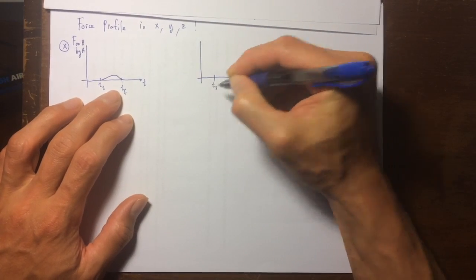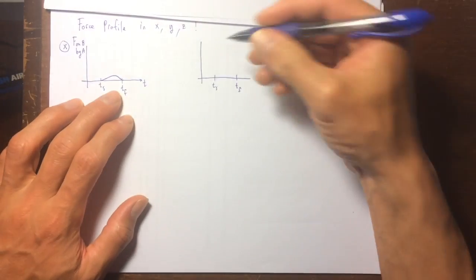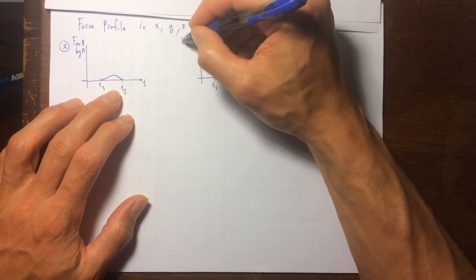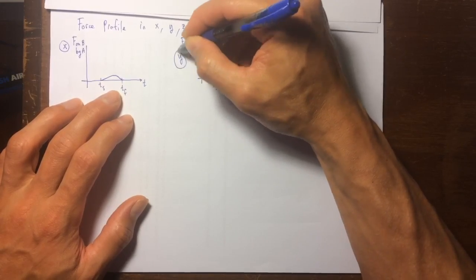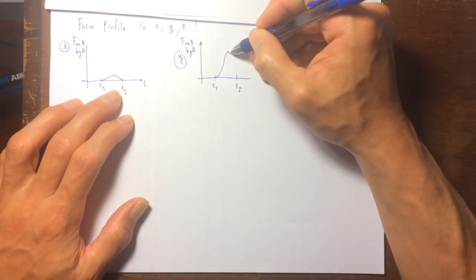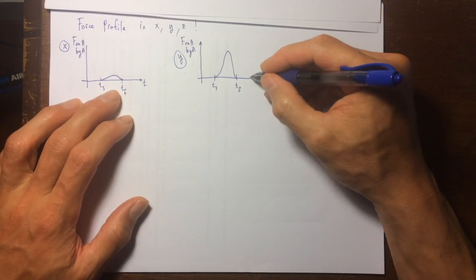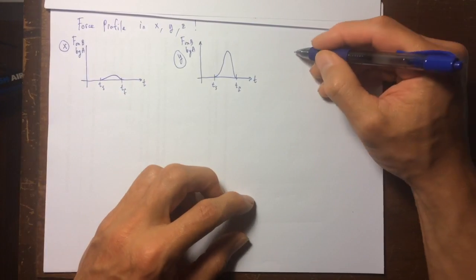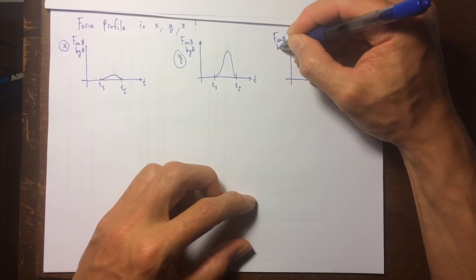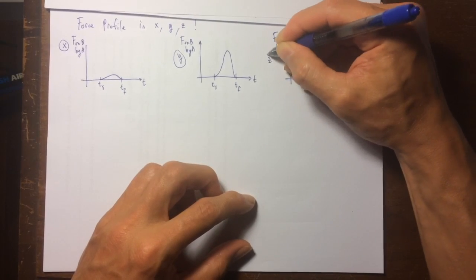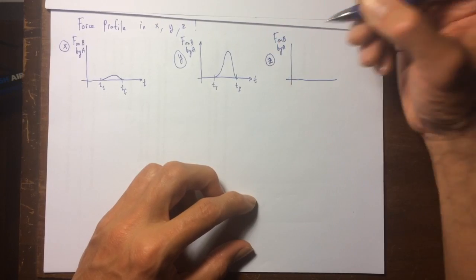Here's the T start and the T finish for the force on B by A in the Y direction, and let's make it kind of big, right? And then in the Z, the force on B by A in the Z direction.